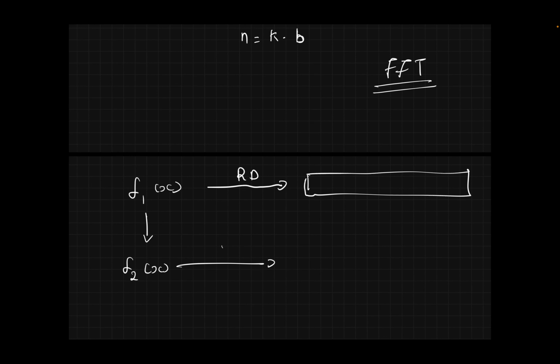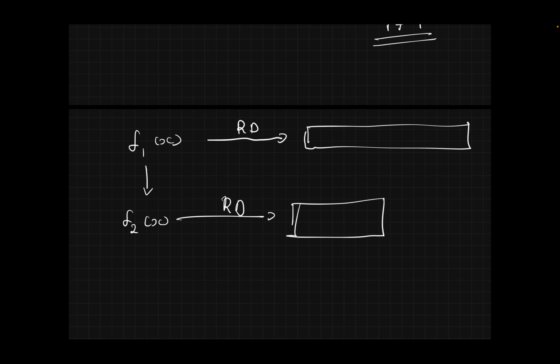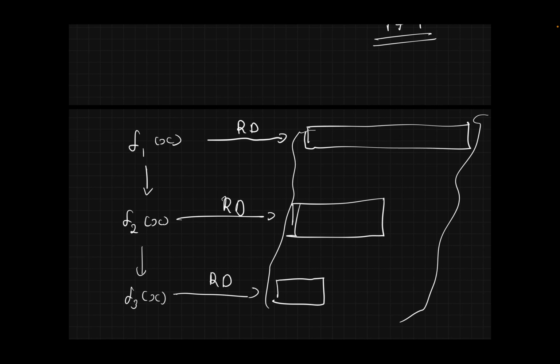Then we perform Reed-Solomon again to get the smaller codeword. Then we fold again, and then perform Reed-Solomon again. The question now is, is there a way to still get this without having to do Reed-Solomon on every layer?